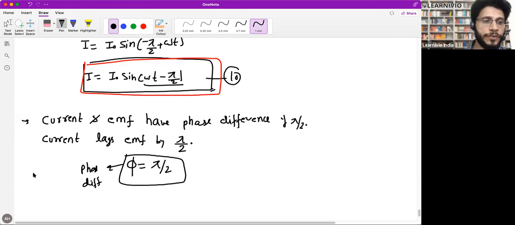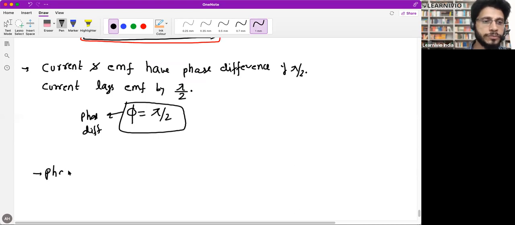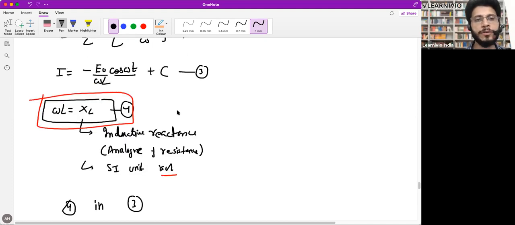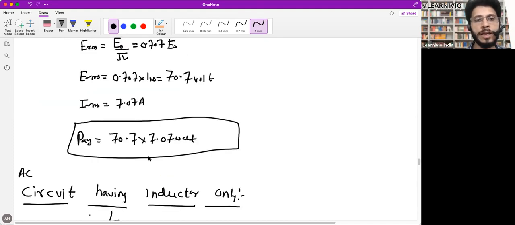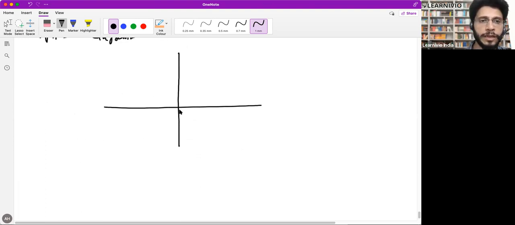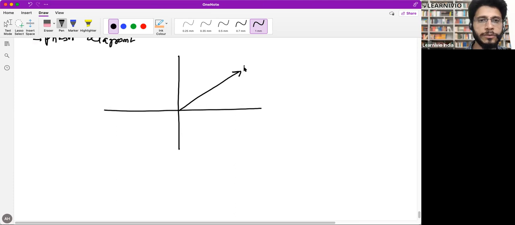Okay, next is the phasor diagram. When we draw a phasor diagram, we take an arrow. First, let's start with EMF. For EMF, the angle is omega t, and the length of the arrow will be equal to E naught.